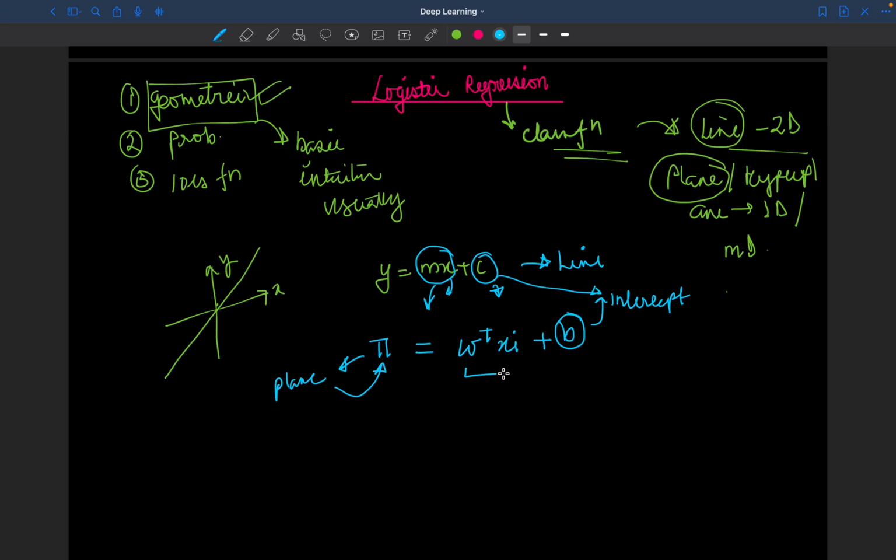So what is w transpose xi? This is essentially the distance of a point from the plane, or di. I'll show you with a better diagram. Let's proceed further.